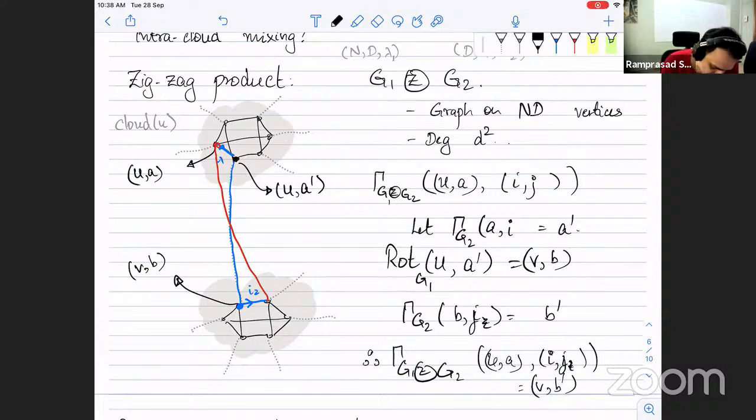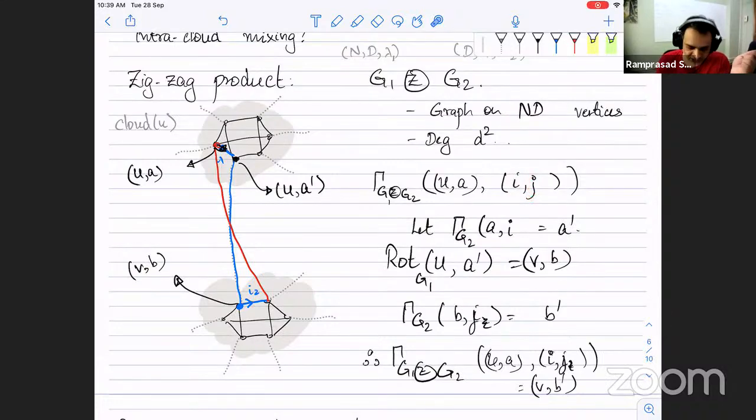By which we mean this edge going out. The picture has gotten ugly, but in the notes when I put it up, I will clean up the picture. But yeah, you're right. The important point to keep in mind is that when you want to take a neighbor out of a certain vertex, the G edge that you take is not in your control, because you're only specifying which G2 neighbor you're choosing each time.